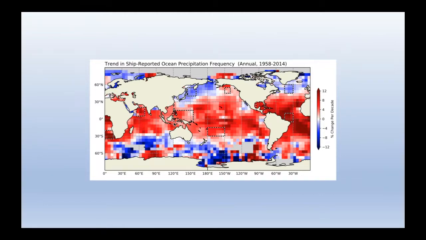We get a fairly robust apparent signal of increasing frequency, with a few exceptions, primarily in the northwestern Pacific, far northern Atlantic, and some portions of the southern oceans, where the trend is negative, and in some cases significantly negative, like 5% or so per decade.